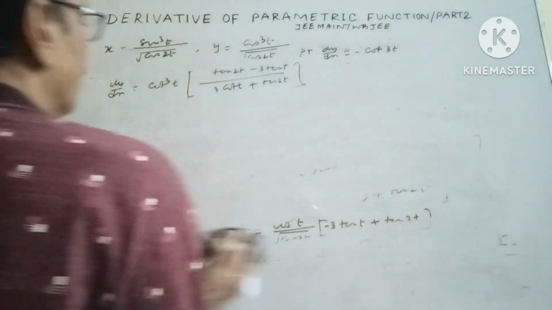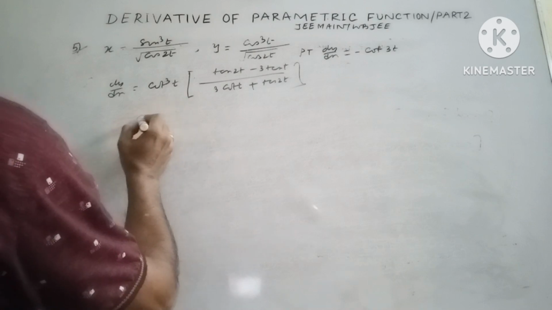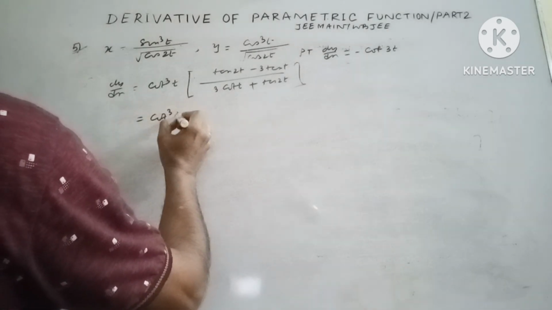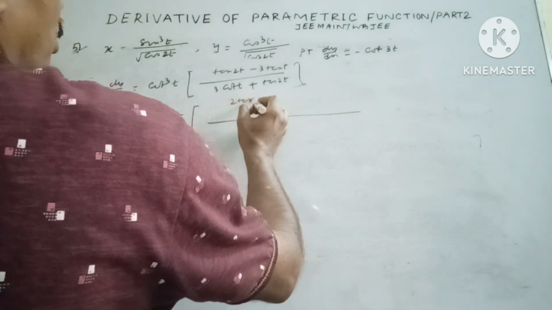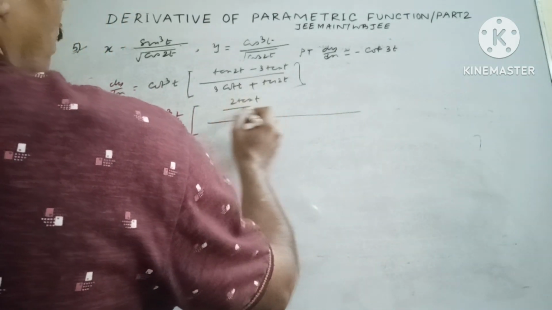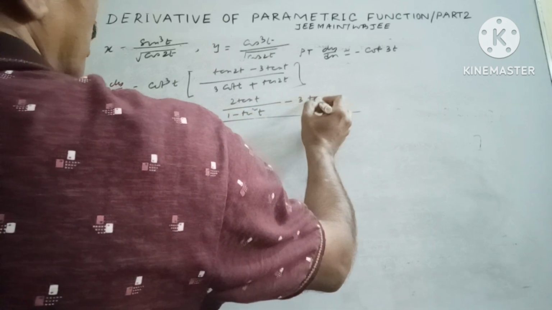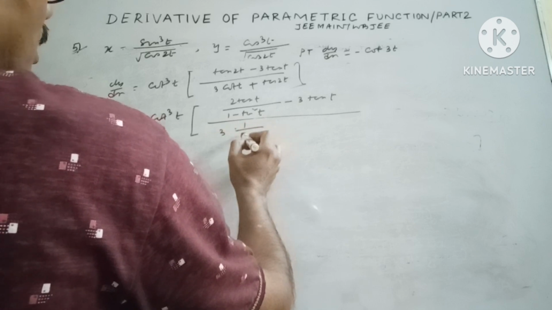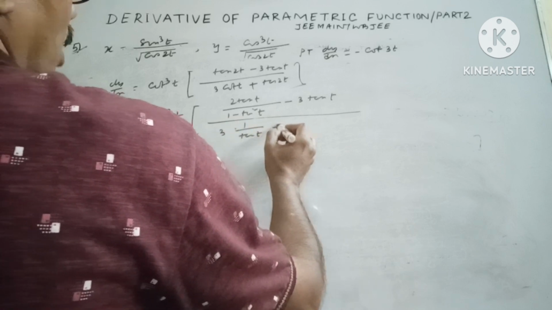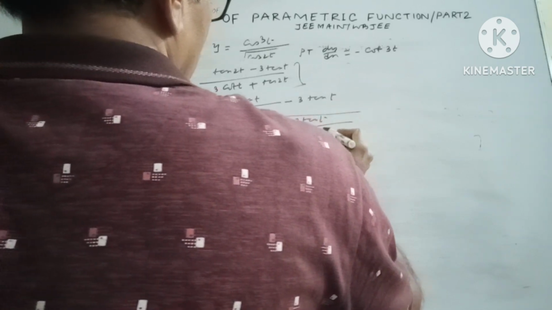So your result is cot cube t unchanged, then tan 2t. You try to express it in terms of tan: 2 tan t by 1 minus tan square t, minus 3 tan t, over 3 by tan t plus 2 tan t by 1 minus tan square t.